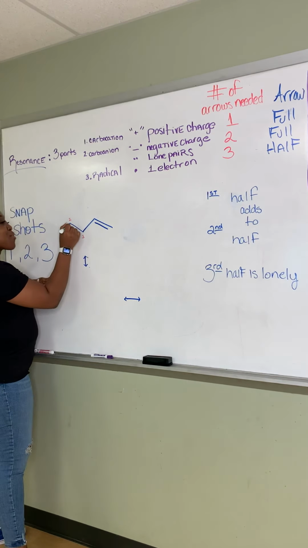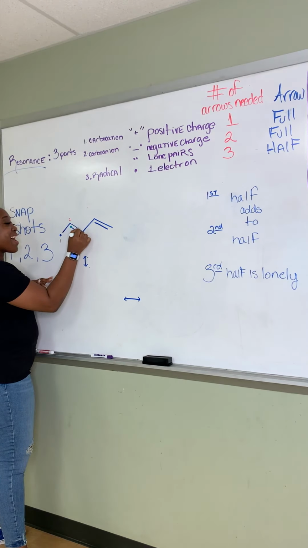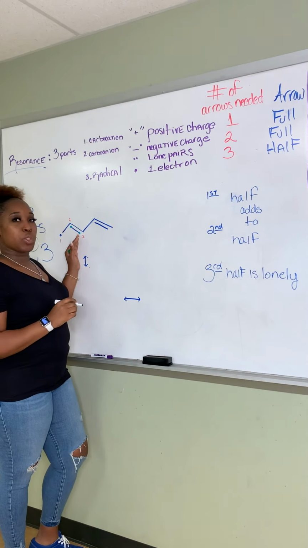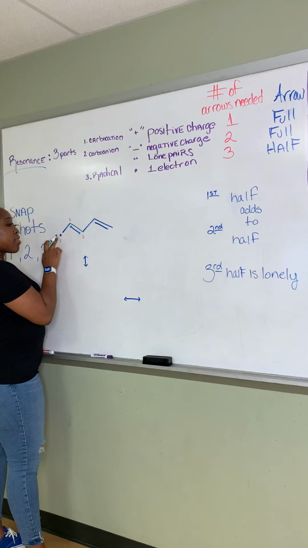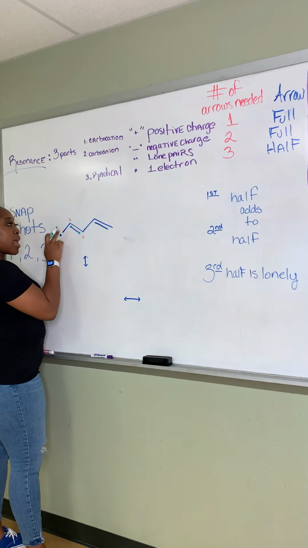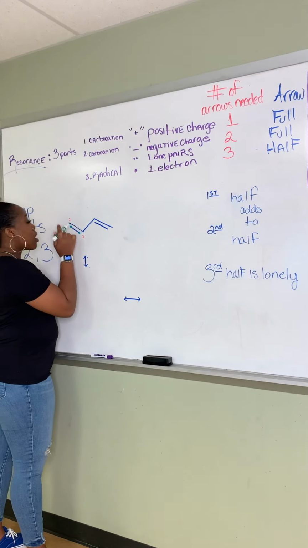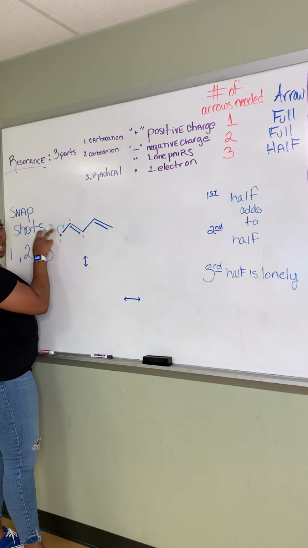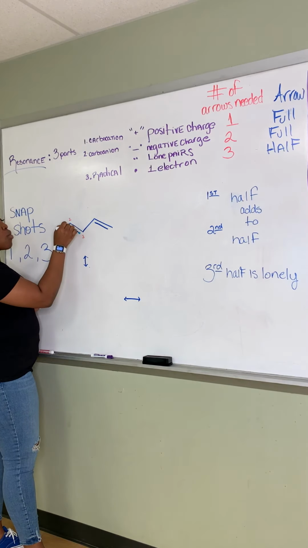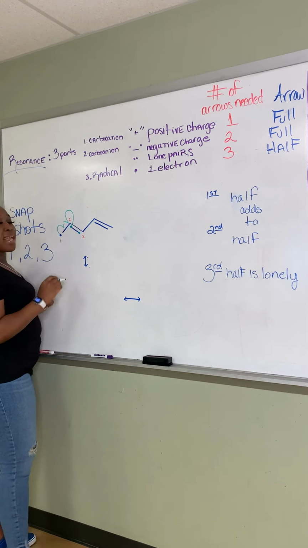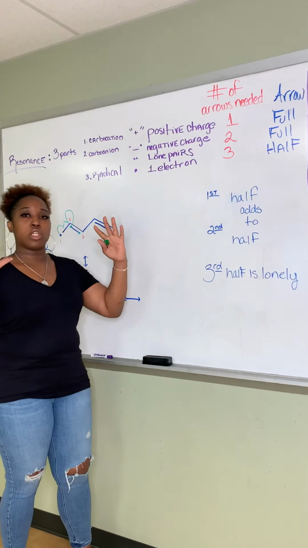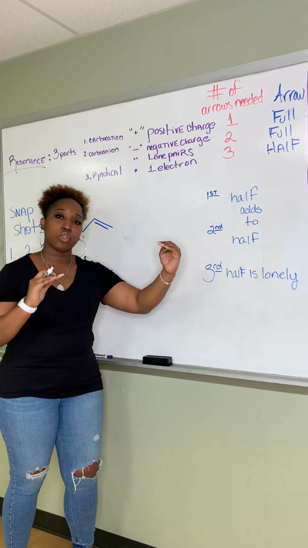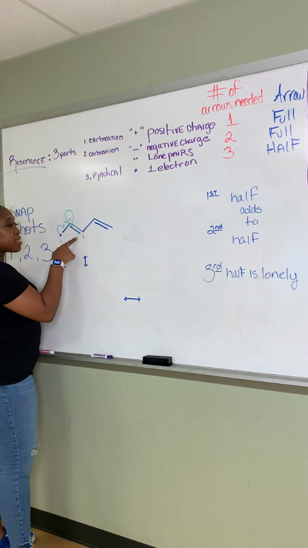So again, you remember how we looked at these as individual lone pairs. I'm saying this one is half, and the lone pair that's closest to it is number 2. So I'm taking the lone pair from number 1, making a half-headed arrow, and I'm taking the one from number 2 and making another half-headed arrow to conjoin them to create a full double bond. But then what happens to this?